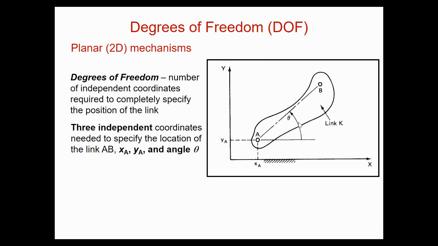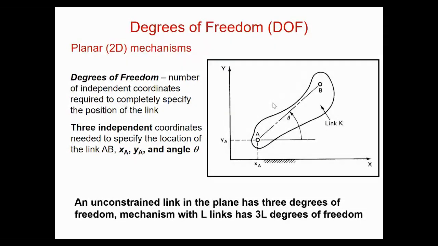You have 3 degrees of freedom for a 2D mechanism. So if you have L links, if the number of links is L, the degree of freedom of the mechanism, if they are not connected at all, with no joints, you have 3L degrees of freedom. Usually, by the way, when we count the number of links, we count the ground link as one link as well. We will come to that.